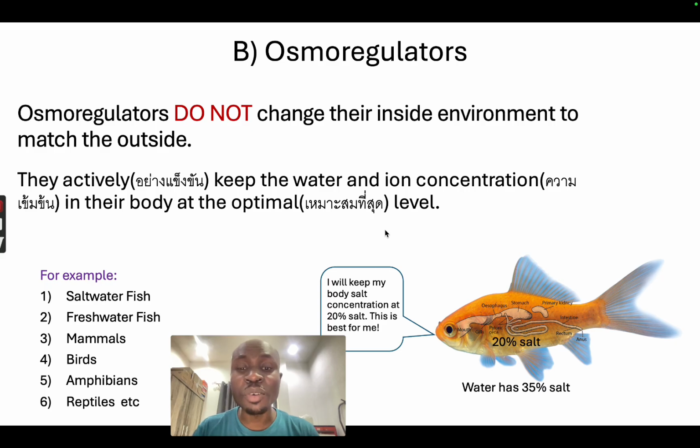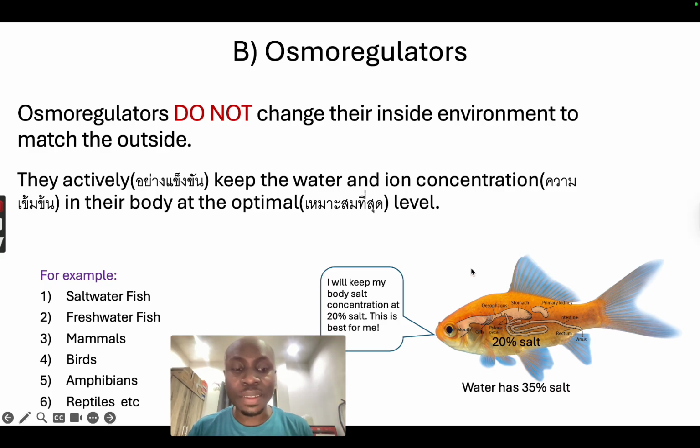For example, if the water around this fish is 35% salt and the body of the fish has about 20% salt, osmoregulators will not match the 35. They will keep the salt concentration at 20%.